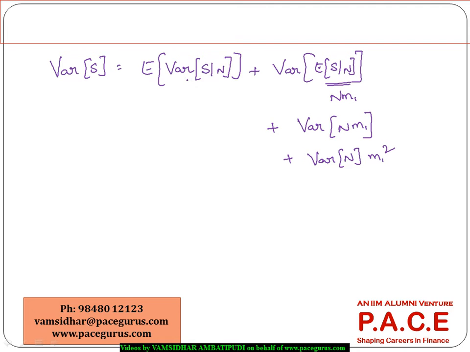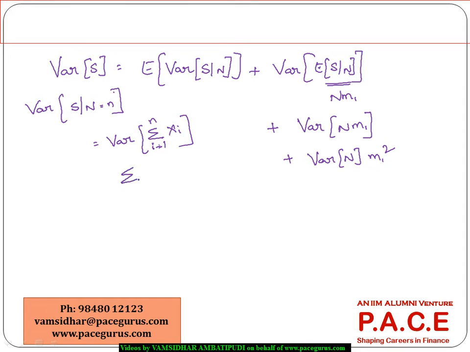Now, how do I look at expected value of variance of S given N? The same way, if I look at variance of S given N equal to n, right? Now, ignore that N, assume that n is fixed. What is the variance of all those elements? It's as good as the variance of all that summation itself, variance of the sum from i equal to 1 to n of Xi, when N equal to n is given.